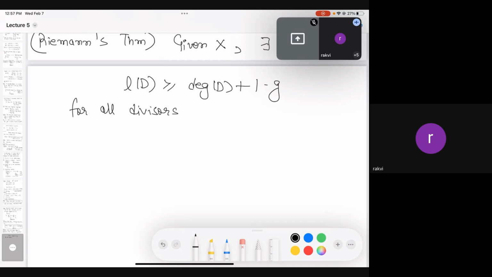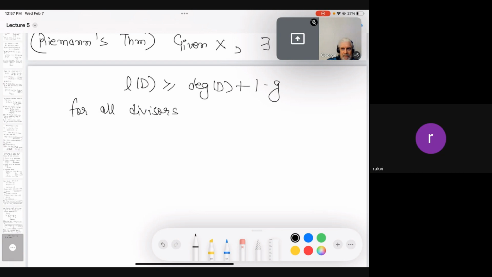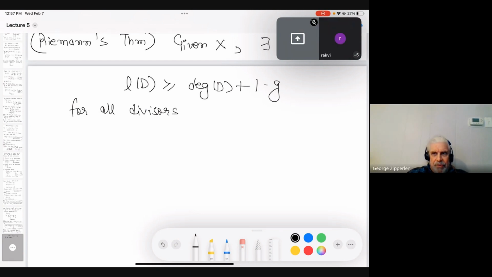You can also tile a sphere in a few ways. But when you try to tile a higher genus curve, it turns out it maps to the hyperbolic plane, not to the flat plane or to the sphere. Right. That's just from the geometric point of view. I don't know if that's helpful. Okay.